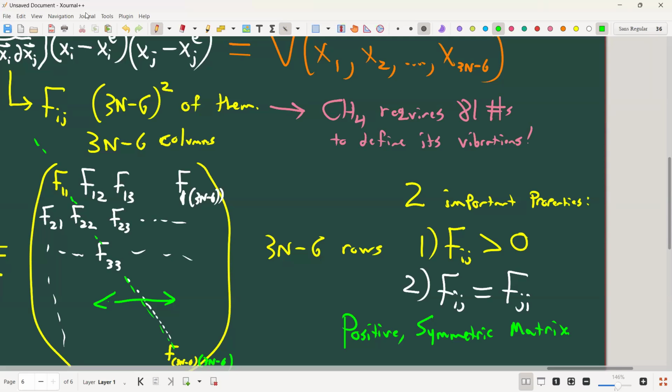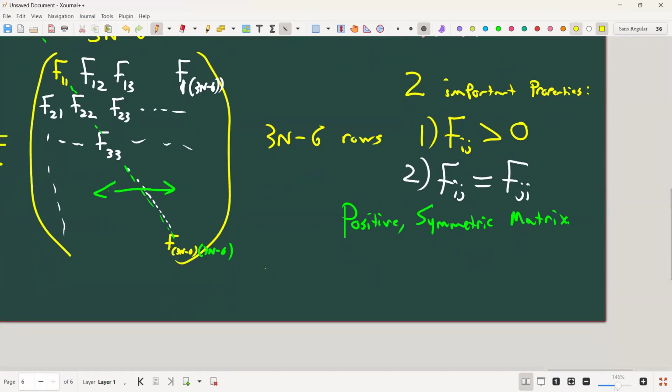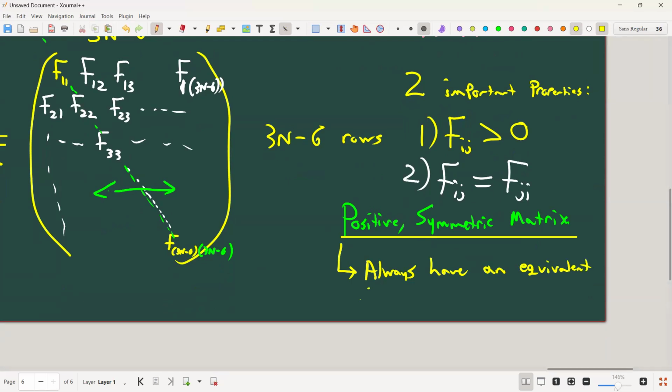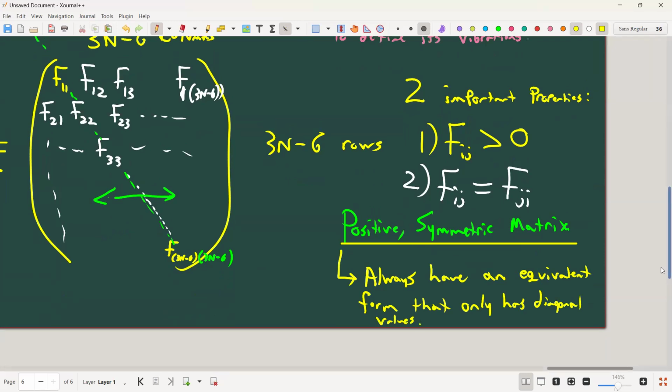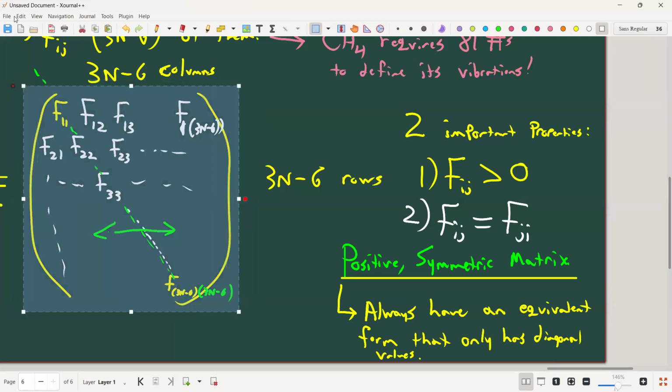So what we're going to do, these types of matrices always have an equivalent form that only has diagonal values. Right? So the process of calculating this is a pain in the butt, but the computer can do it.